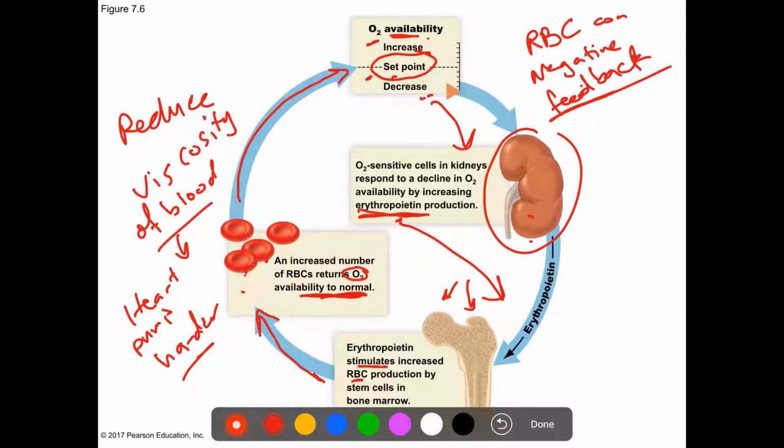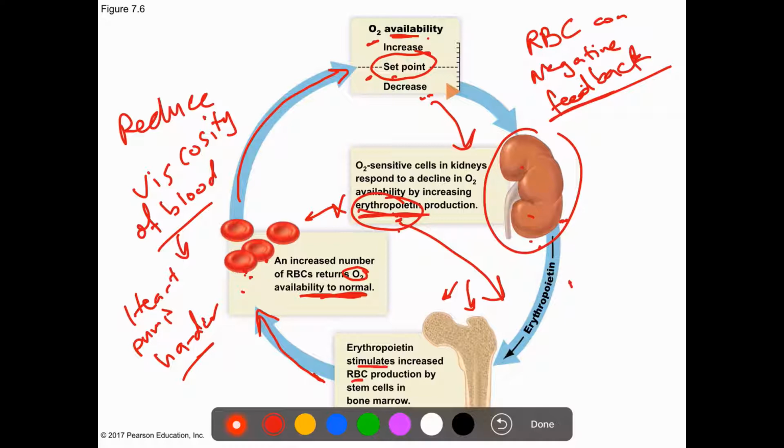Now, sometimes we have some problems within the kidneys, so they don't have enough erythropoietin secretions, and that would affect the hematocrit. So if there is no erythropoietin secretion due to a disease in the kidney, this might affect the red blood cells production.